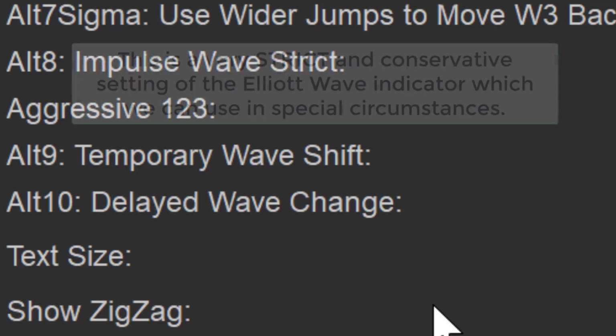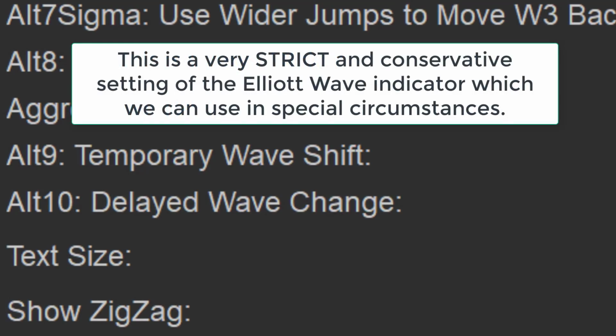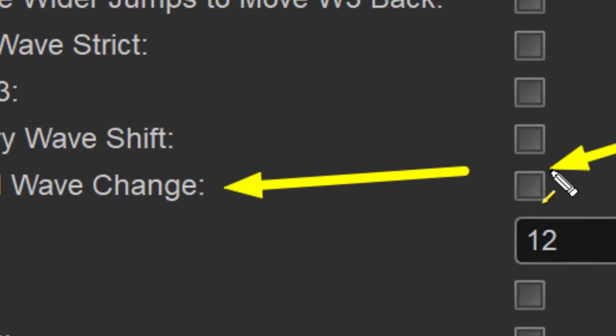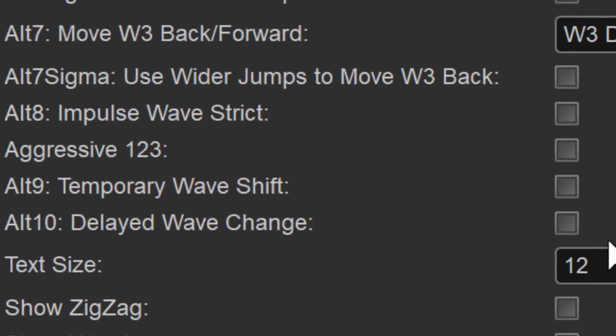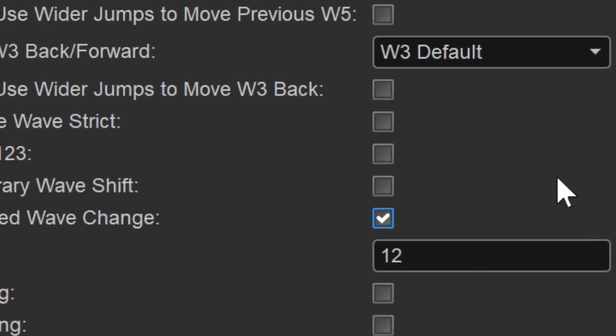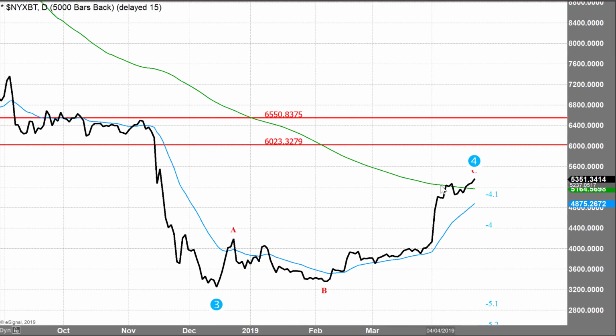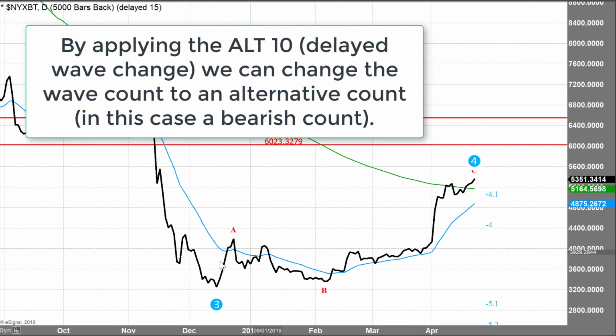It's called delayed wave change, as you can see right over here, okay? Alt 10, delayed wave change. So what I'm going to do is I'm going to put a tick into this box. And notice what happens. When I tick this box for the delayed wave change in Alt 10, you will see what happens on the right-hand side. There it is. So that now changes the wave count from 3 to a 4. In other words, a corrective wave 4.